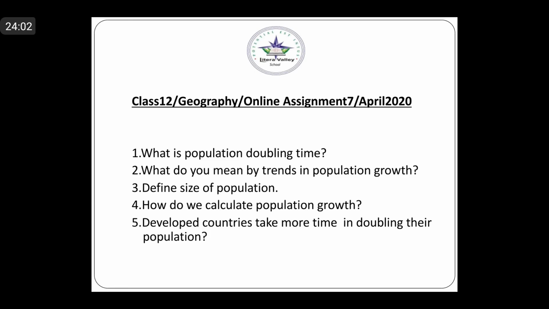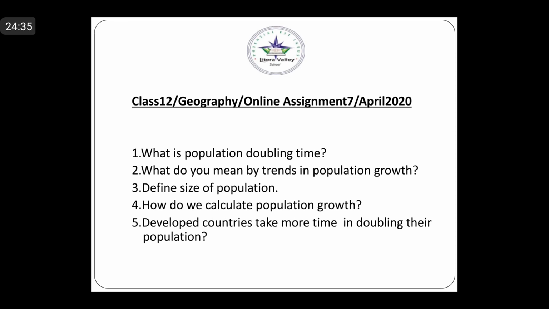You can see how the population doubled within 10 years or 15 years or 12 years. And then we have seen the spatial pattern of population change, the size of population, the rule of 70.